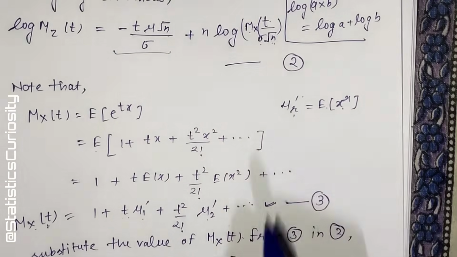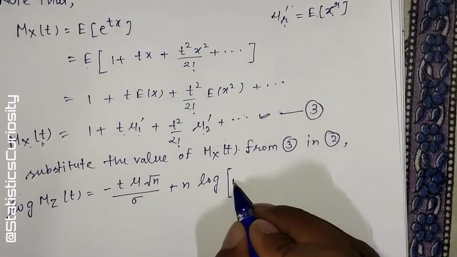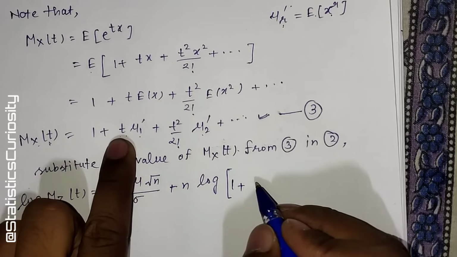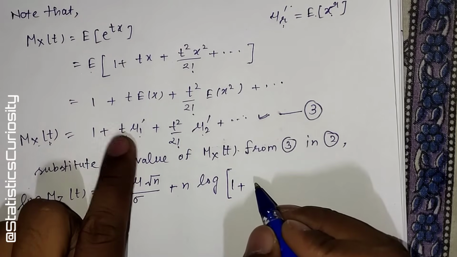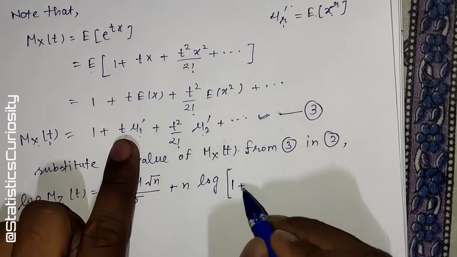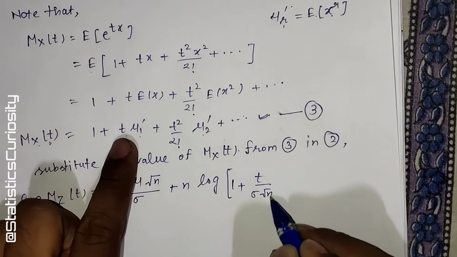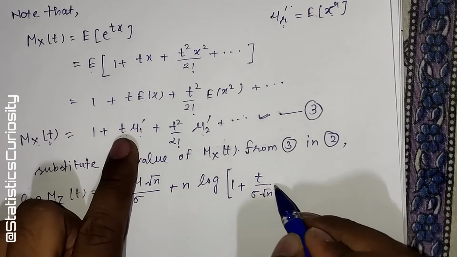So that will be 1 plus, at the place of t, we will put t divided by sigma under root n. So that will be 1 plus t divided by sigma under root n mu 1 dash.